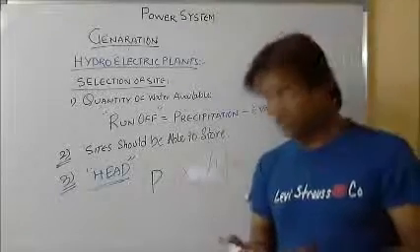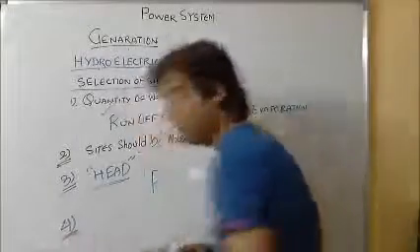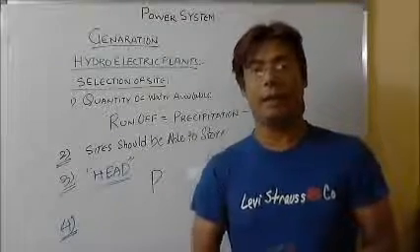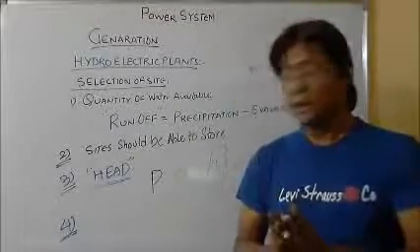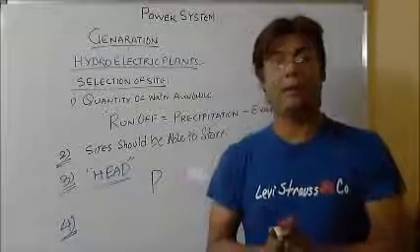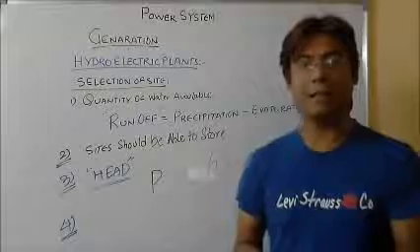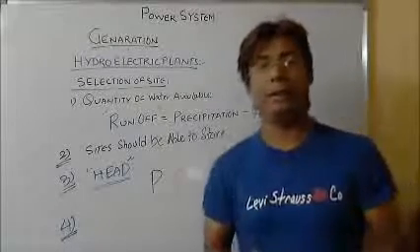Now, coming to another part of the selection, the distance of the power station site from the load center. If the load center is very near to the hydroelectric power plant, there may be chances of flood and all that.